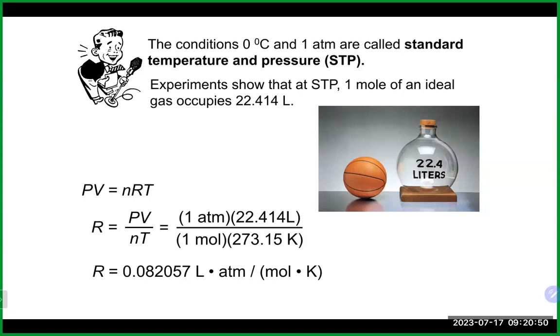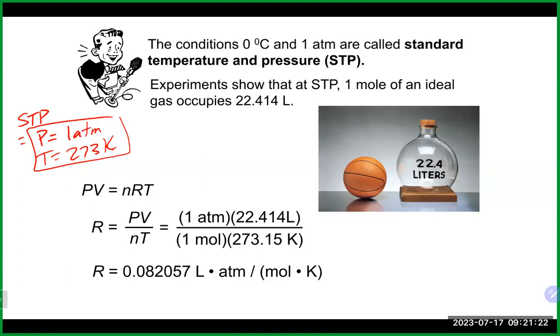So when somebody says do this at STP, or this was done at STP, the pressure is 1 atmosphere, or its equivalent, and the temperature is 273 Kelvin. So when you are given that in a problem, those are the values that you should use for pressure and temperature.